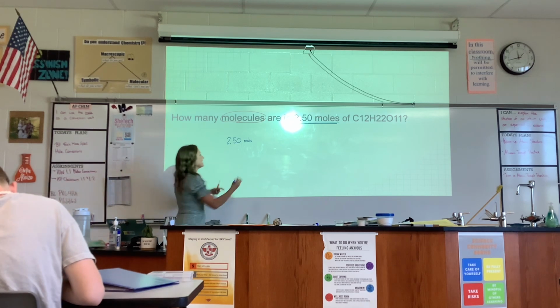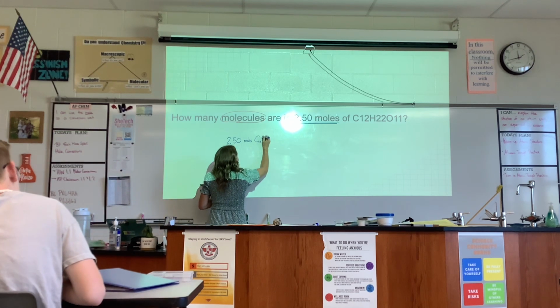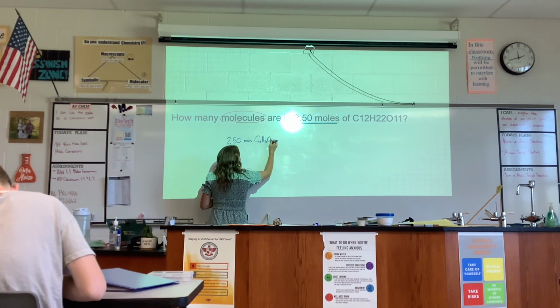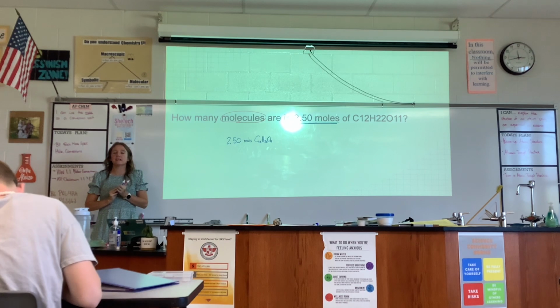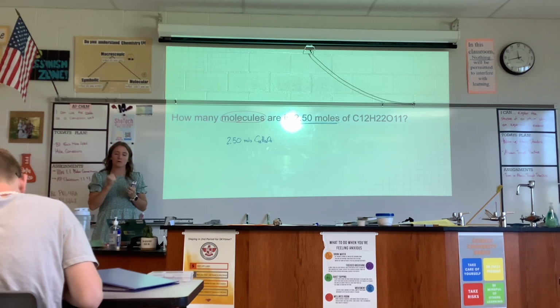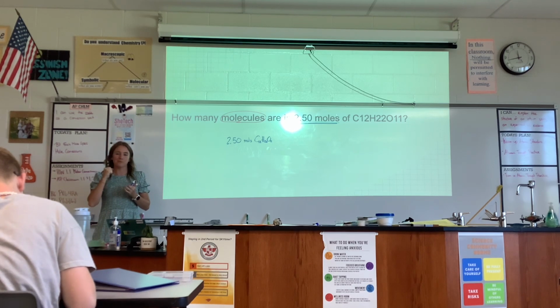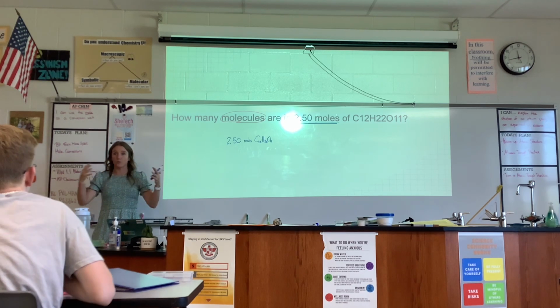So my label is C12H22O11. Now for some of you, I know you're going to be dragging your feet like, Miss Elke, this is so much information to write down to solve this problem. Okay, just trust me in this process, okay? It's worked for students in the past, and it will work for you too if you do the whole thing, okay?